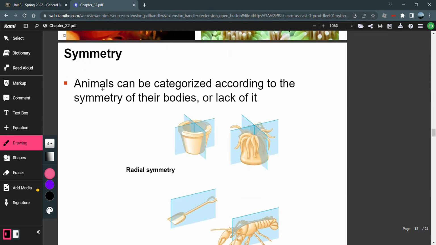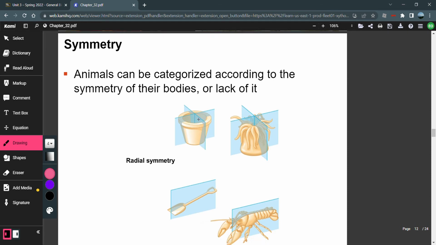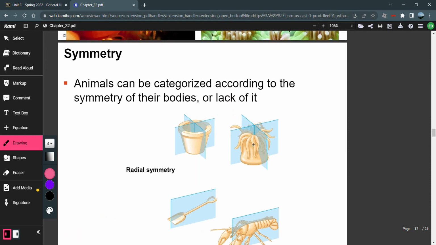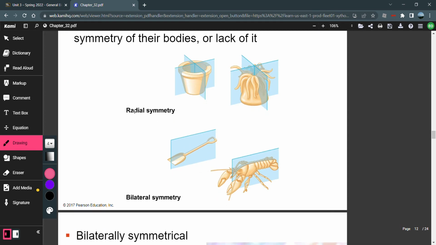Symmetry. Animals can be categorized according to the symmetry of their bodies. For this plot here, you can cut it on the X or Y axis and you get 4 equal parts. That's radial symmetry. And then bilateral symmetry: you cut this lobster in half through one axis, and you get 2 equal parts.